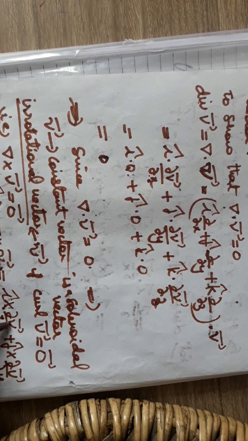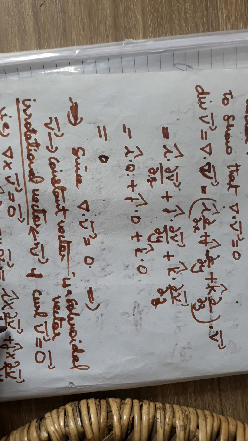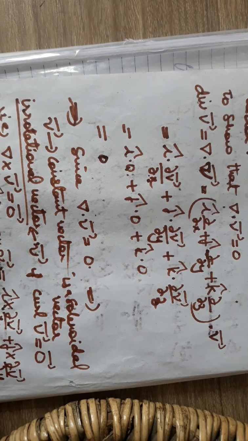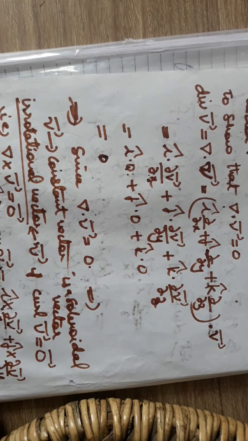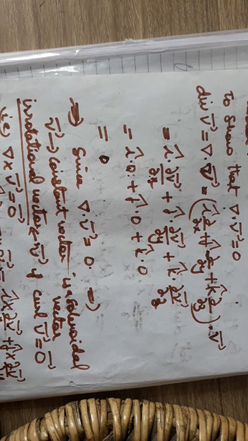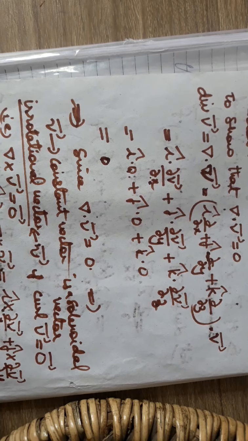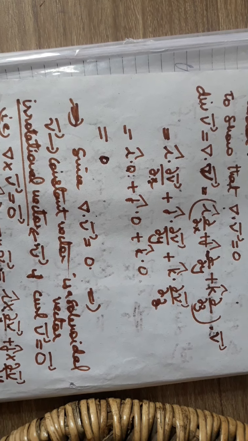Since this vector v bar is a constant vector, when you differentiate it with respect to x, it will give you 0. So i cross 0 plus j cross 0 plus k cross 0, which is equal to a 0 vector.